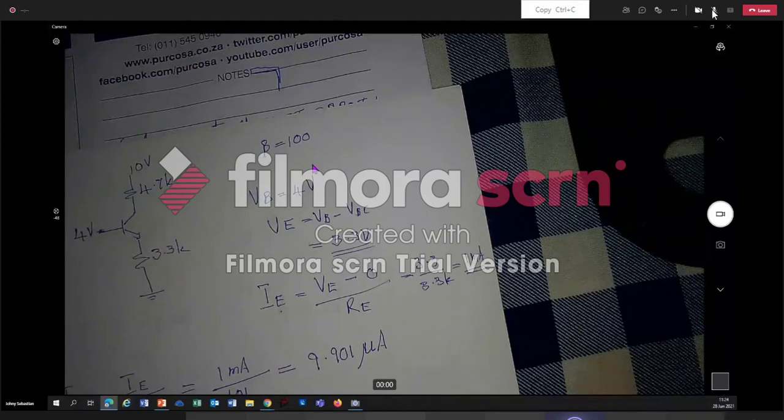Collector current is emitter current minus base current.